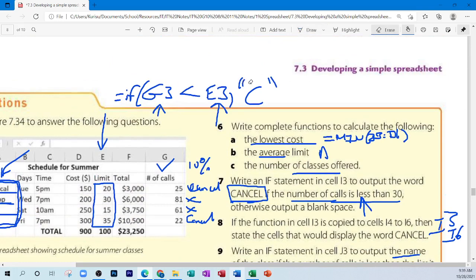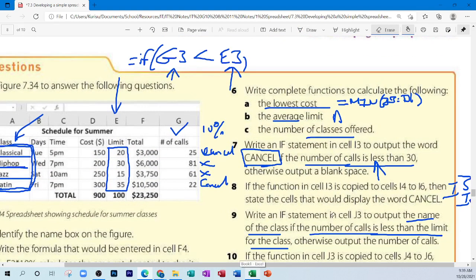Instead of quotation marks around classical, you put the name of the cell that has the class. So that's going to be A3, because column A has the names of the class. So cell A3, and then if it is false, you output the number of calls.